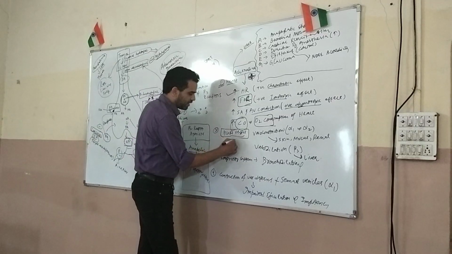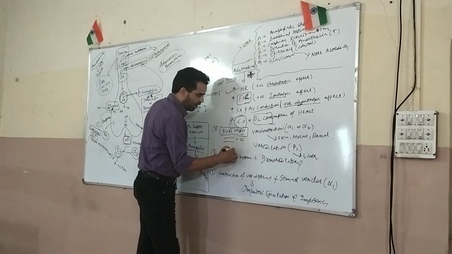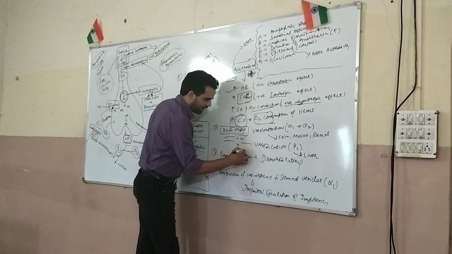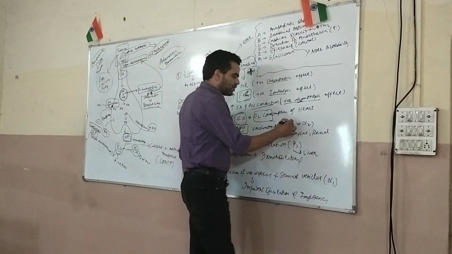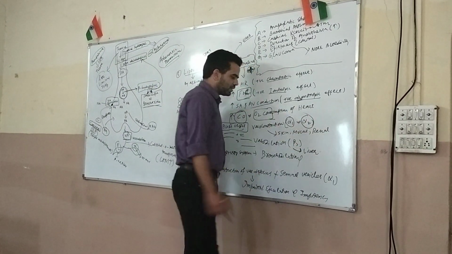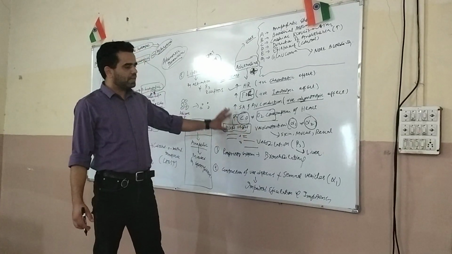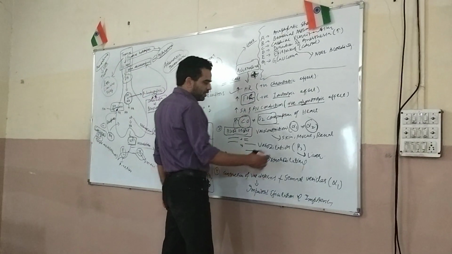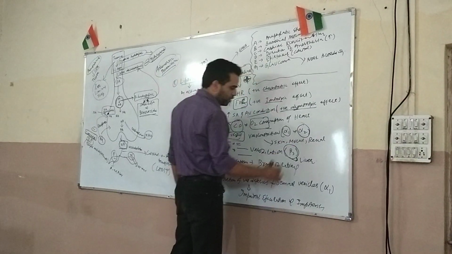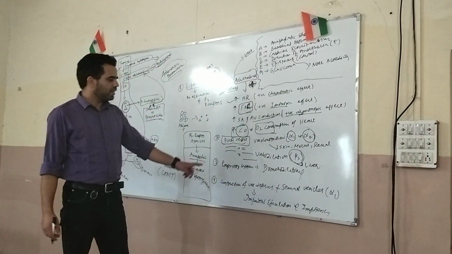It will cause vasoconstriction when it acts on alpha 1 and alpha 2 receptors, present in the skin, mucous membrane and renal system. Whereas vasodilation it will cause by action on the beta 2 receptor, which is mainly present in the liver.